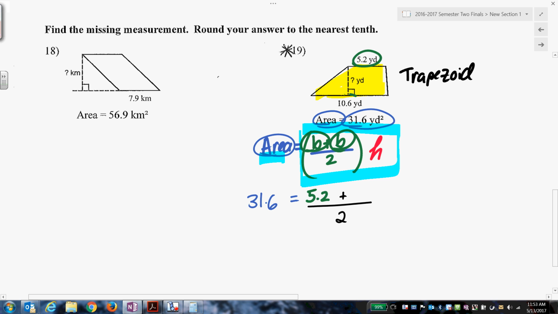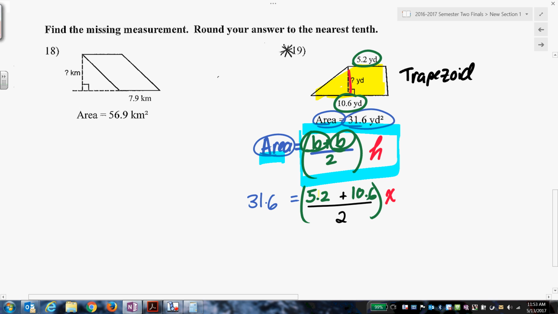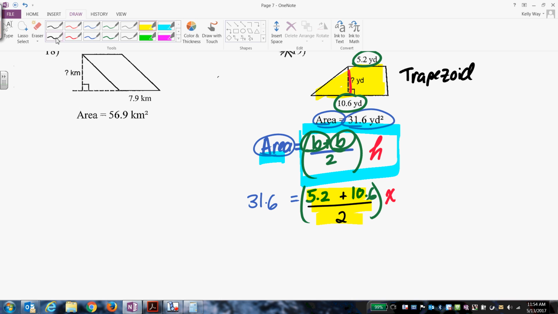You have the other base right here. Times our unknown missing height. Order of operation says do what is in the parentheses first. So for x, check your work in the back when you're done.